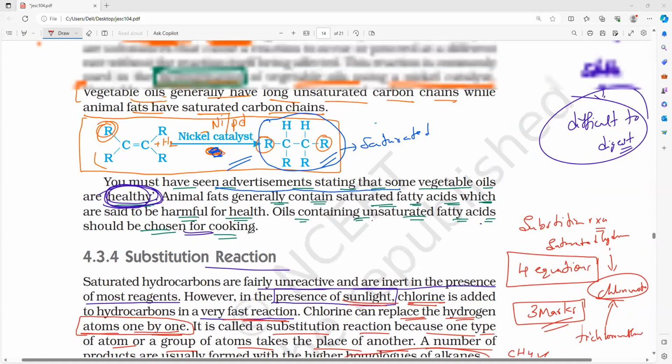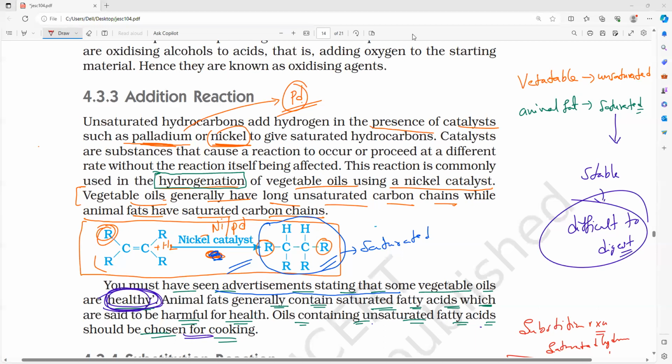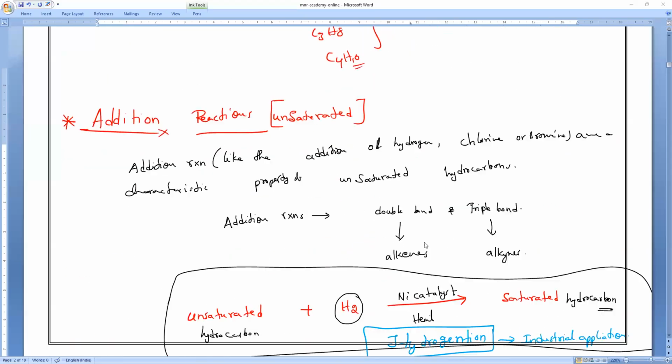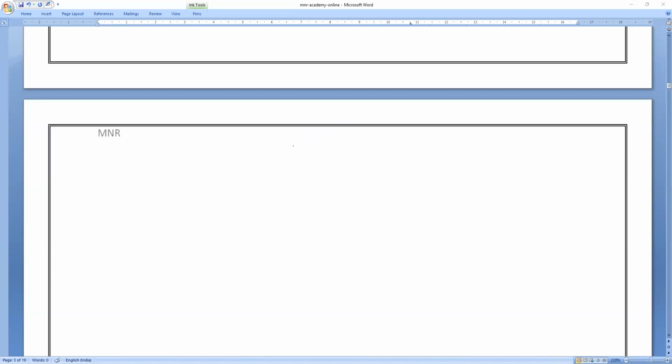Now, addition reaction, I'm coming back. As I said, addition reaction is not only with hydrogen, but also with other substances. If it is hydrogen, it will be hydrogenation.